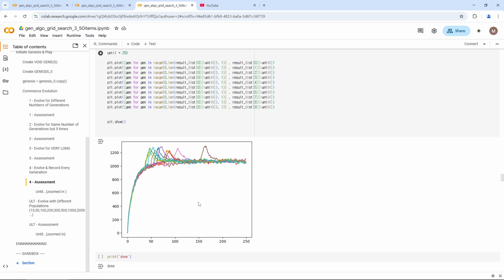But one common event is that they all plateau. They all fall and plateau. And then there's a dip.